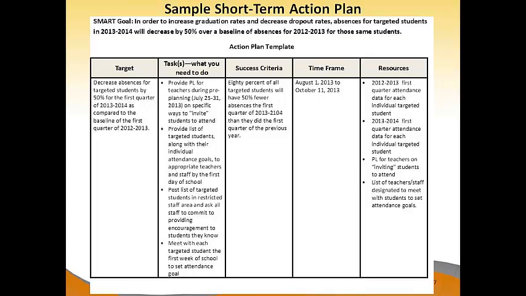So it's very specific about what you're going to do, and then what task are you going to try? And to me, one of the most important things is, what is it going to look like if we're successful? So that 80% of all targeted students will have 50% fewer absences for the first quarter. And then it gives us a time frame and then the resources that are needed to complete that.